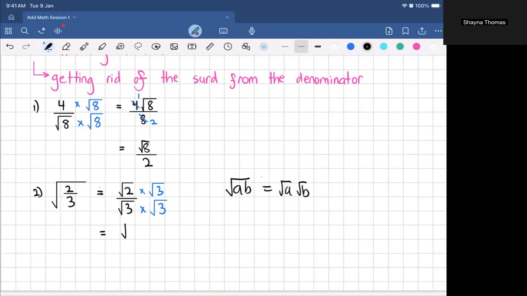Yeah, that's correct, because that would work out to be root 2 by 3 as the full working. And what is root 3 by root 3? 3. Right, so your final answer is just root 6 over 3. Simple.